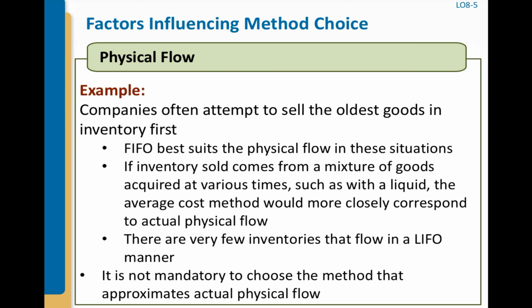Physical flow. You can think of the food industry, which obviously comes to mind first, but there are situations where it's very important that the items sitting in inventory go out first. Obsolescence is another one.